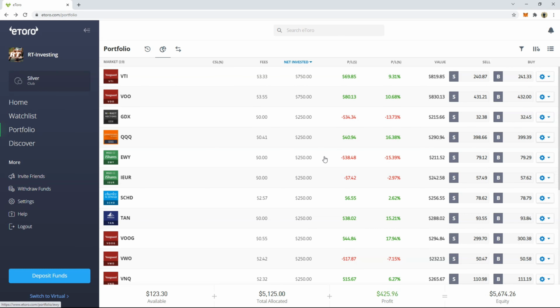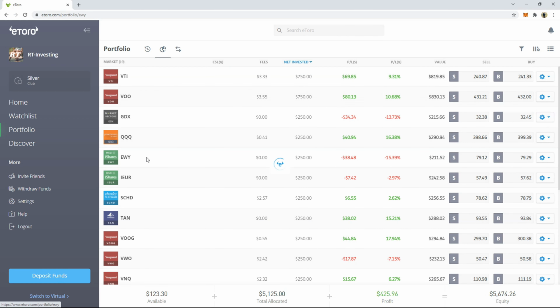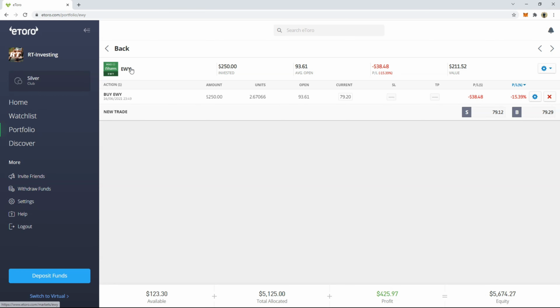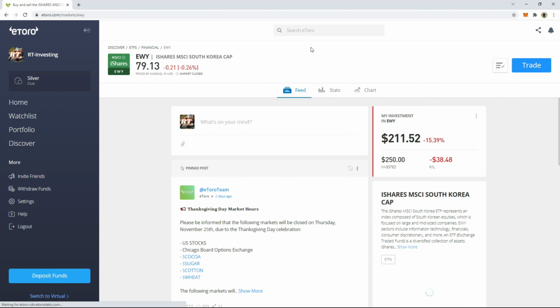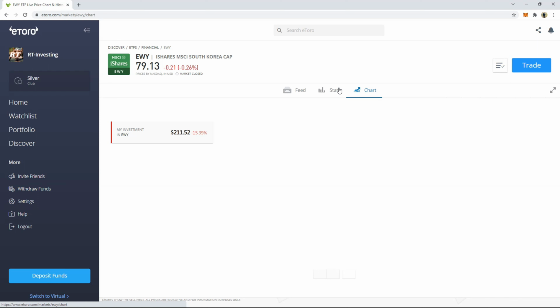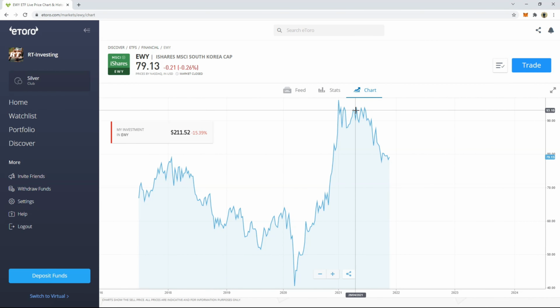It just makes it so much less detrimental if you dollar cost average, because you would have bought into EWY at every step, every month where it went down. So your average buy-in price would have been somewhere in the 80s probably, and not at 93 where I opened the trade for the first time.